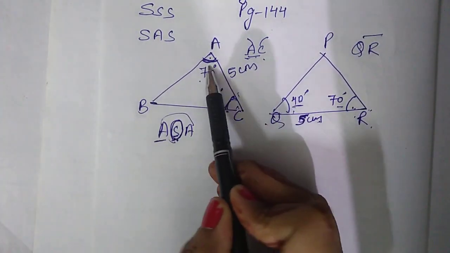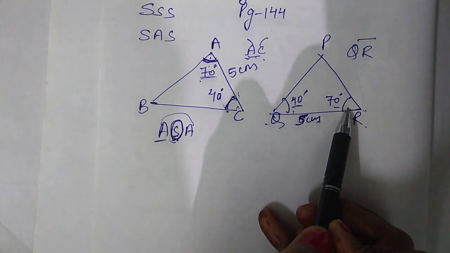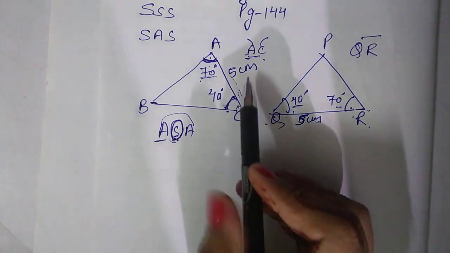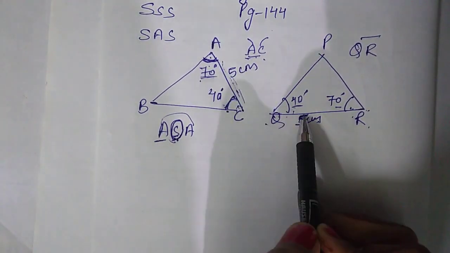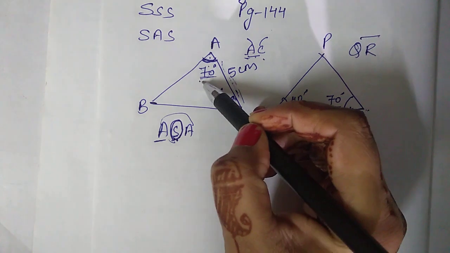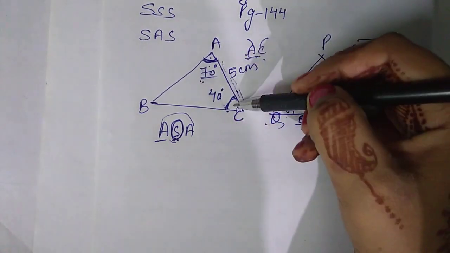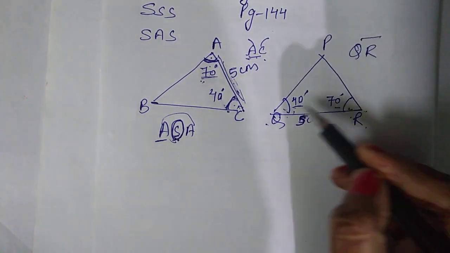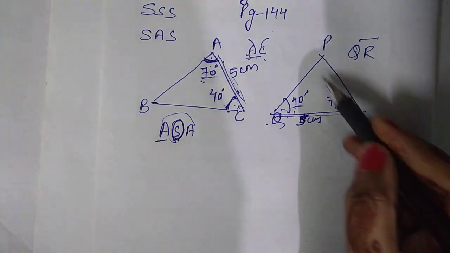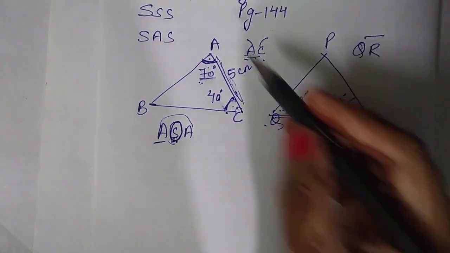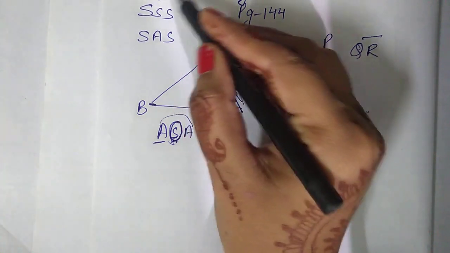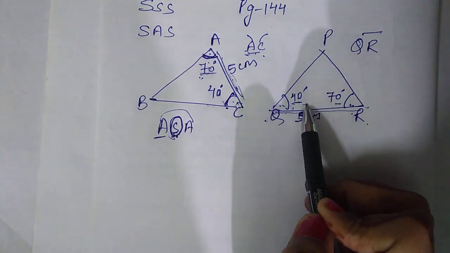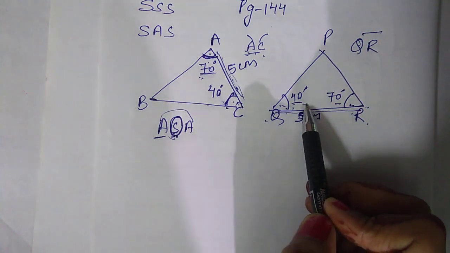Now in these triangles, angle A is equal to angle R and angle C is equal to angle Q. Two angles and one included side of triangle ABC are equal to two angles and the included side of triangle PQR. The condition is satisfied. That is the condition of the ASA congruence rule. It means these triangles are congruent by the ASA rule.